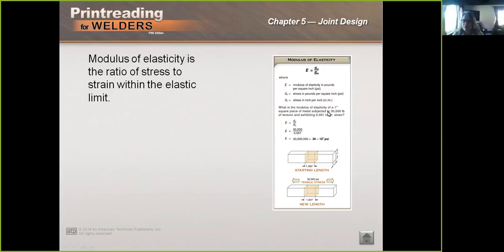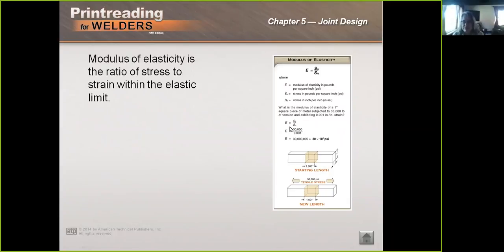So first thing we have to do is figure out our stress. Stress is the force divided by the area. This is a 1 inch square, which means it's an inch by an inch, so its area is 1 square inch. 30,000 pounds is applied over that 1 square inch, so the stress is 30,000 pounds divided by 1 square inch, or 30,000 pounds per square inch.